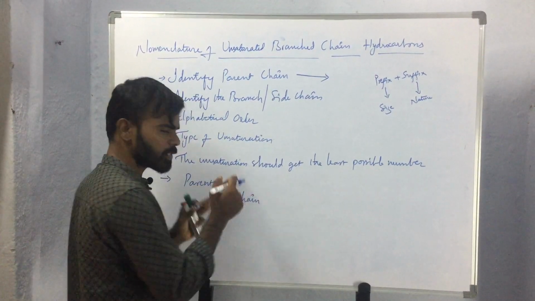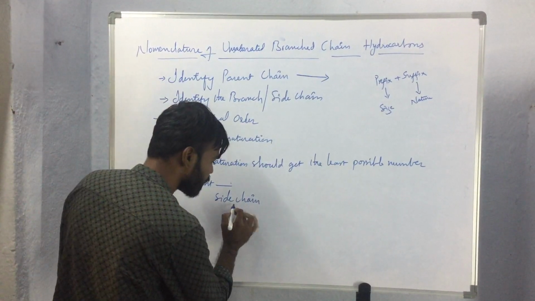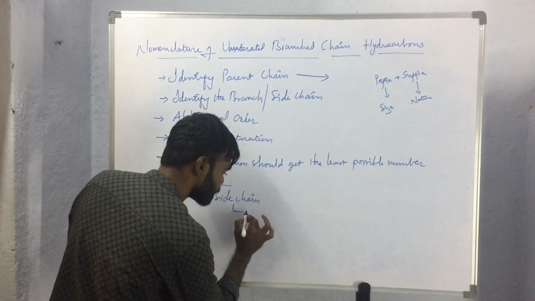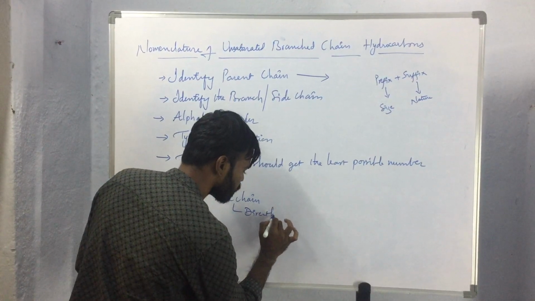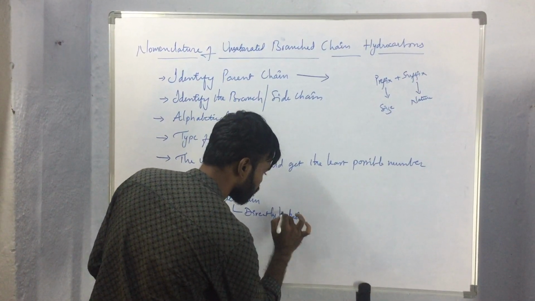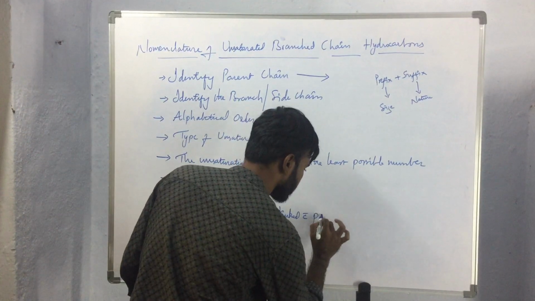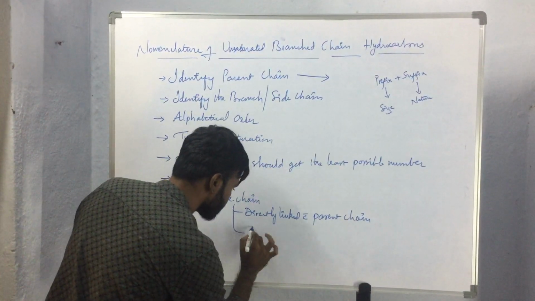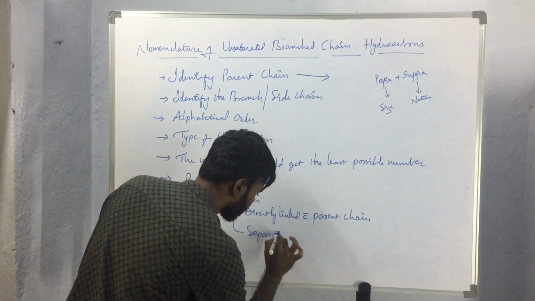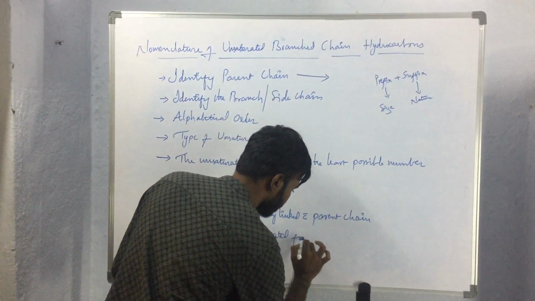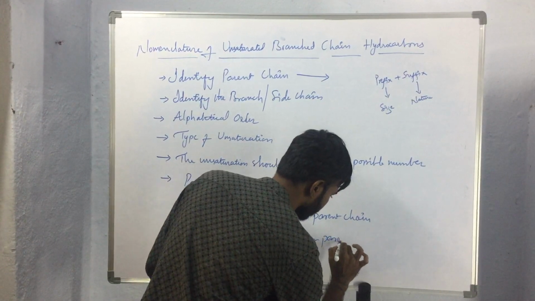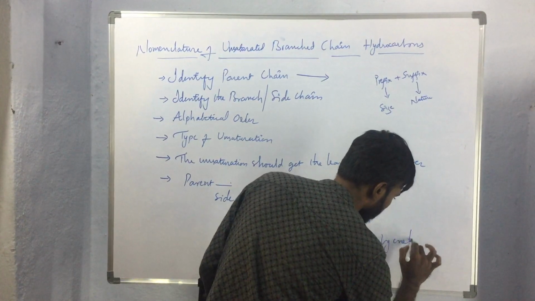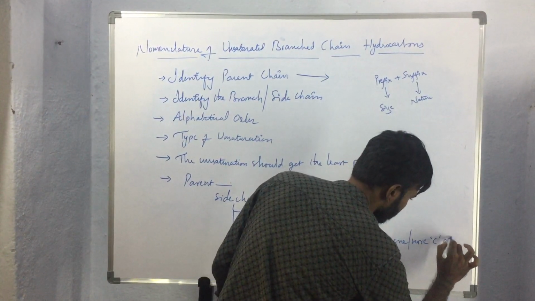If the unsaturation is present in the side chain, then again we have to see whether the unsaturation in the side chain is directly linked with the parent chain, or it is separated from the parent chain by one or more carbon atoms.